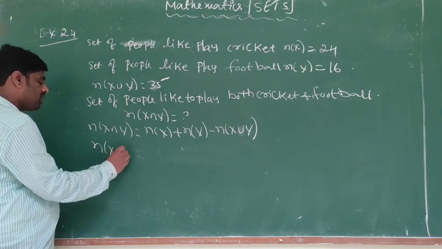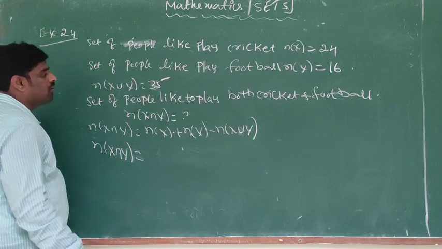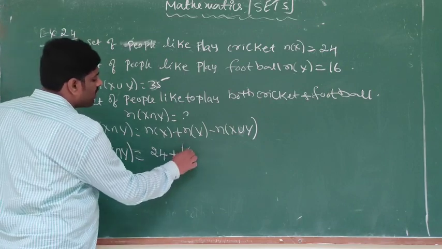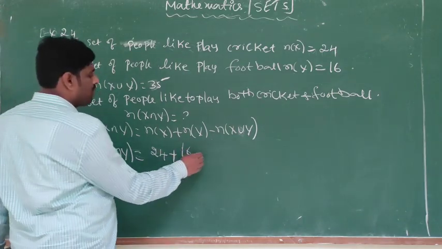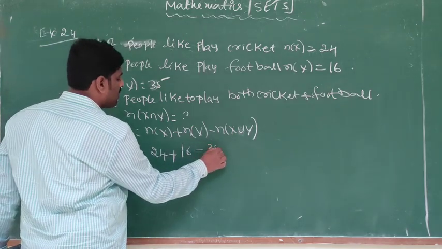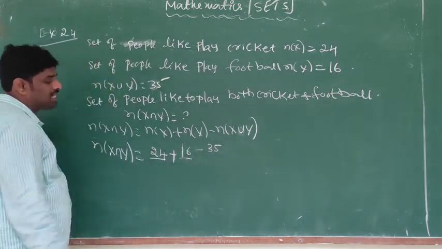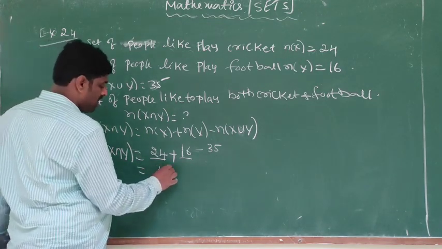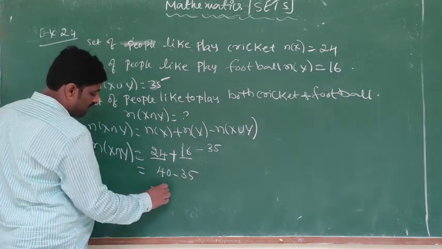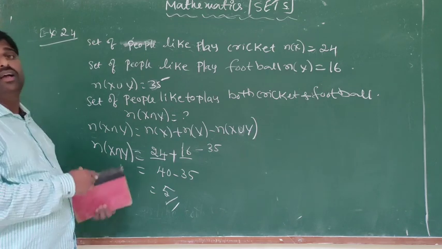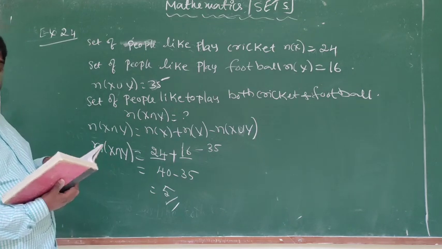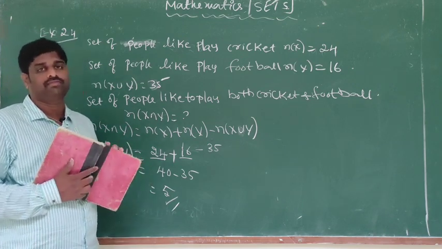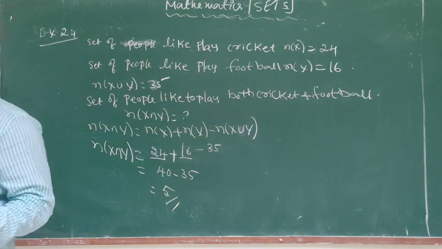n of X intersection Y is equal to n of X is 24, n of Y is 16, n of X union Y is 35. 24 plus 16 is 40. 40 minus 35, so 5 people only like to play both cricket and football.